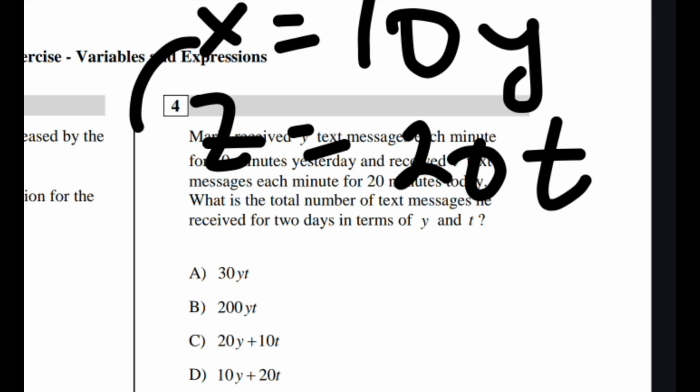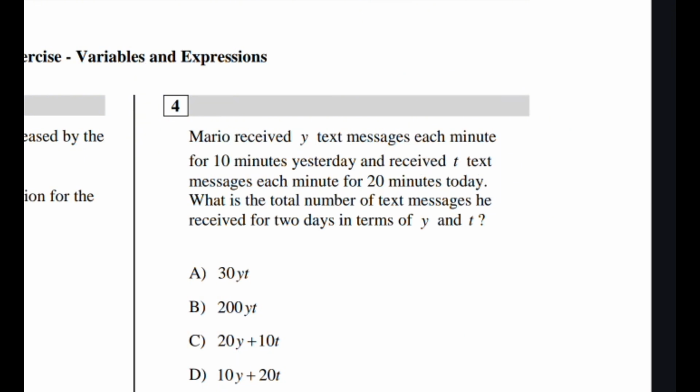The 2 days is the addition of x and z. Adding will give 10y plus 20t. That gives D. You see how they confuse us here with 20y plus 10t. If you are not careful, you might make an error. Taking a look, this is the answer.